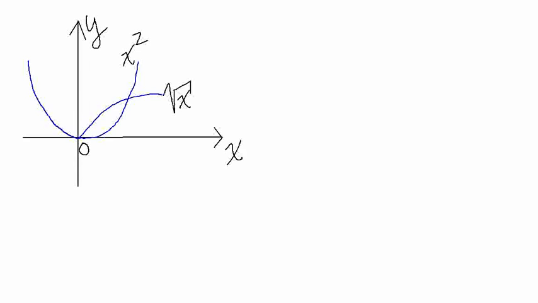All right, so I'll go ahead and do that. So can you see that we need to determine the points of intersection between the two graphs? So the graphs intersect at the origin and the point 1, 1.